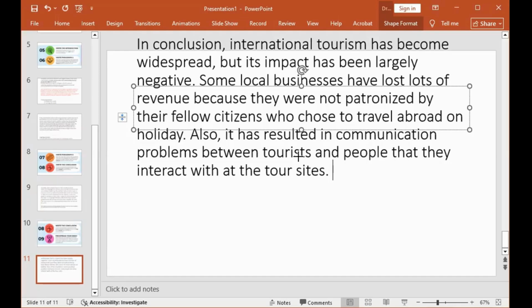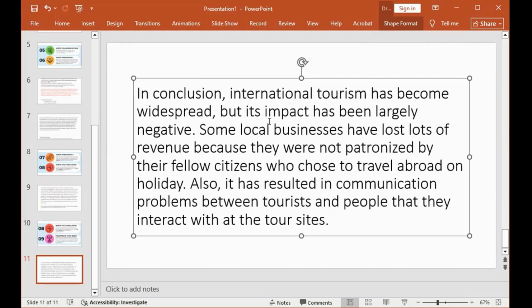So I think that's all for my conclusion. In conclusion, let me read it again. International tourism has become widespread, but its impact has been largely negative. That's sentence one. Some local businesses have lost lots of revenue because they were not patronized by their fellow citizens who chose to travel abroad on holiday. Also, it has resulted in communication problems between tourists and people that they interact with at the tour sites.